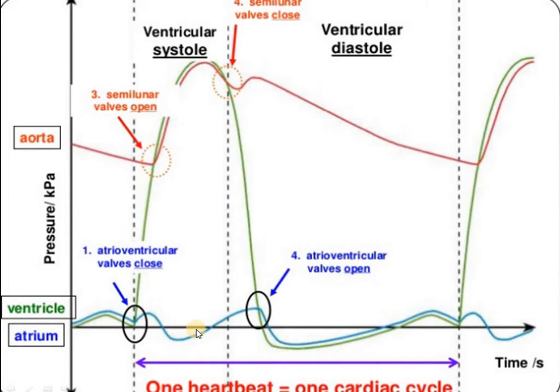So let's discuss it one step at a time to analyze what is happening throughout this time period. Keep in mind that one heartbeat is one cardiac cycle. One cardiac cycle consists of one systole and one diastole. One ventricular systole and one ventricular diastole make up one heartbeat, and it takes about 0.8 seconds.